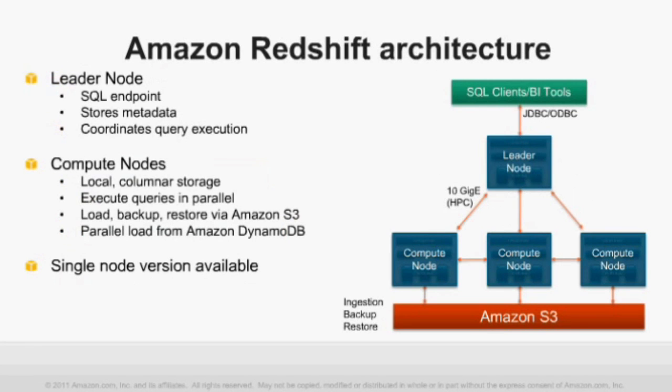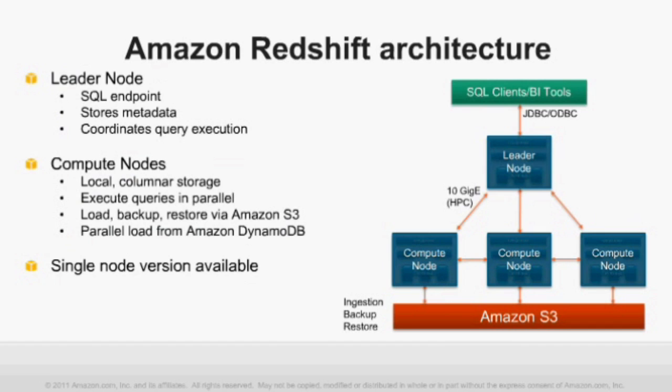So let's take a look at the Amazon Redshift architecture. You would connect to the cluster using a JDBC or ODBC client driver connection to a leader node. This leader node is the SQL endpoint, and it's the only endpoint into the Redshift cluster. This leader node stores metadata and coordinates the query execution.